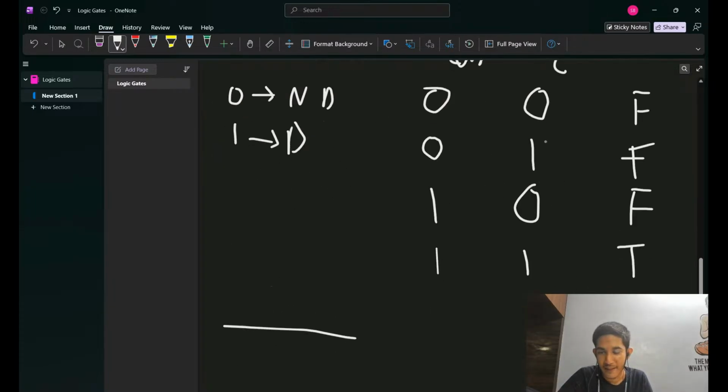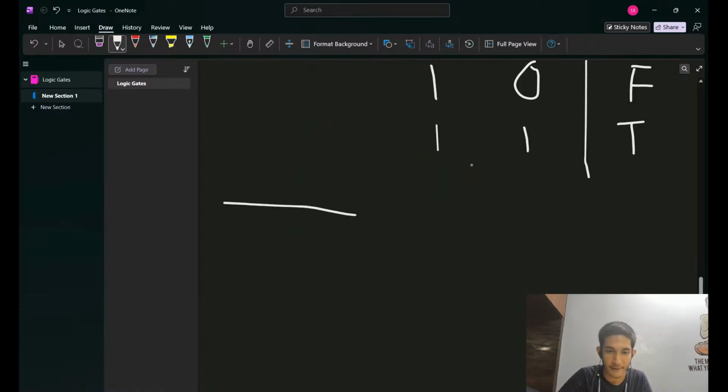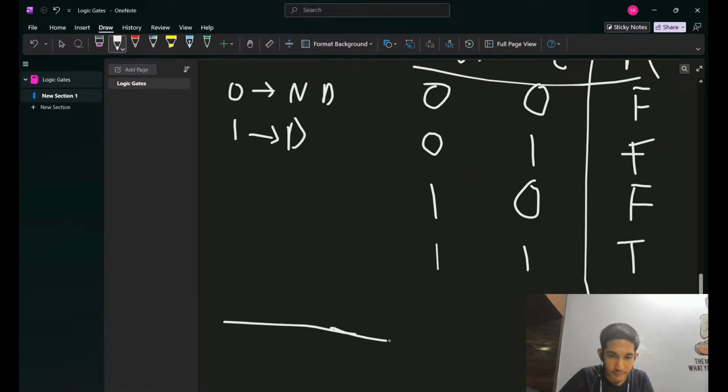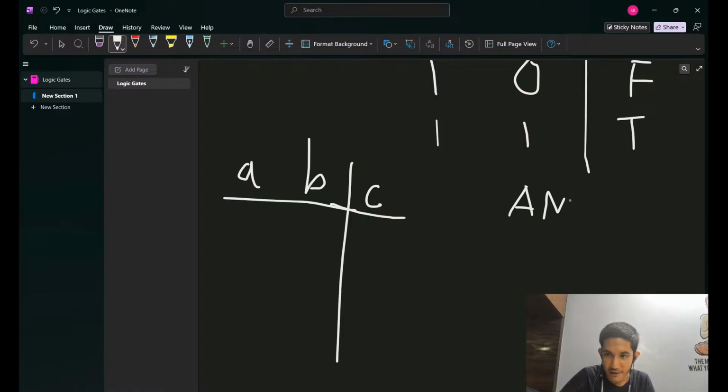So this is the logic behind the AND gate. And what we've made here is something called a truth table. What we've done is given the inputs and the result. So here's an accidental introduction to truth tables. We have values A and B, and we'll also have C. We call this the truth table for the AND gate.